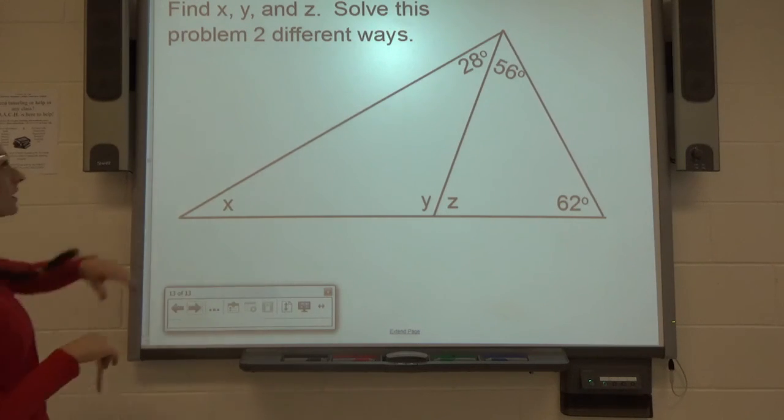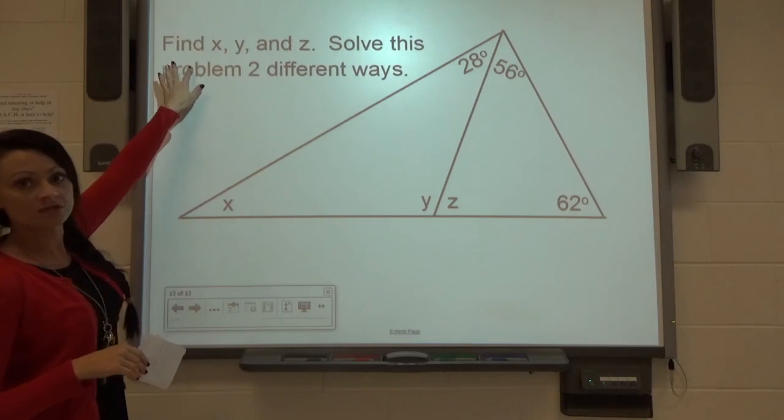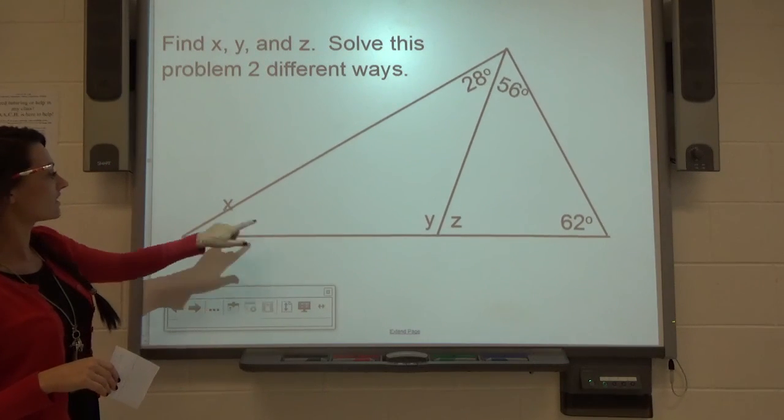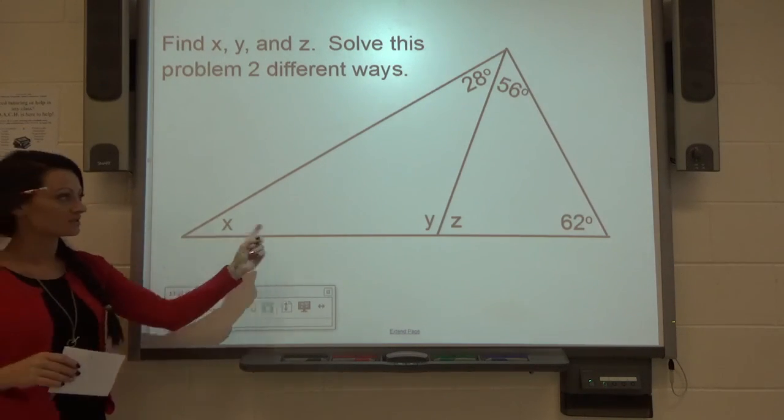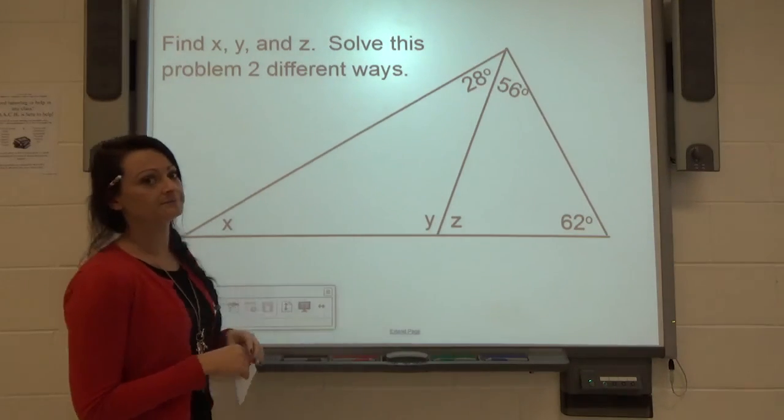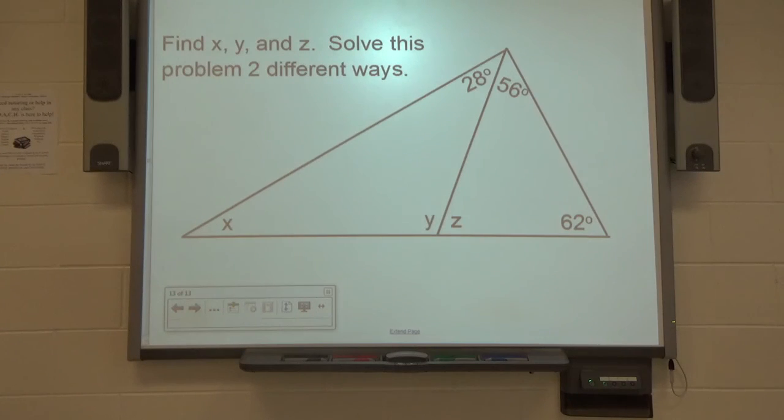But your goal, I don't think you can see this in the screen, your goal is to find x, y, and z, which is these three angles along the bottom. And I want you to go about doing this in two different ways. So you can use the exterior angle theorem, but you can also use triangle sum. But I want you to try to do this in two different ways.